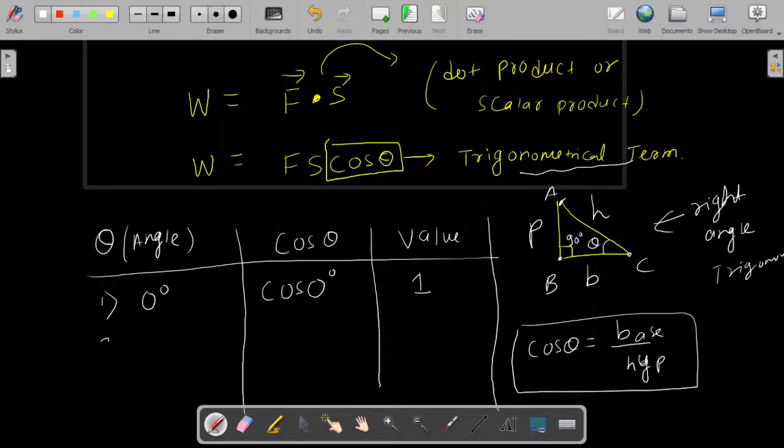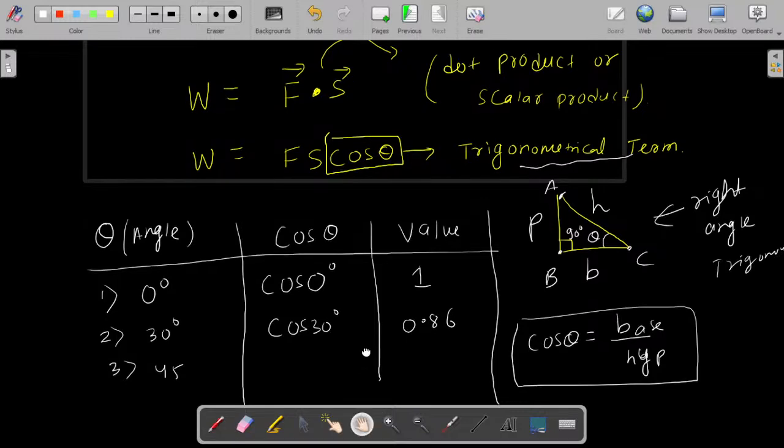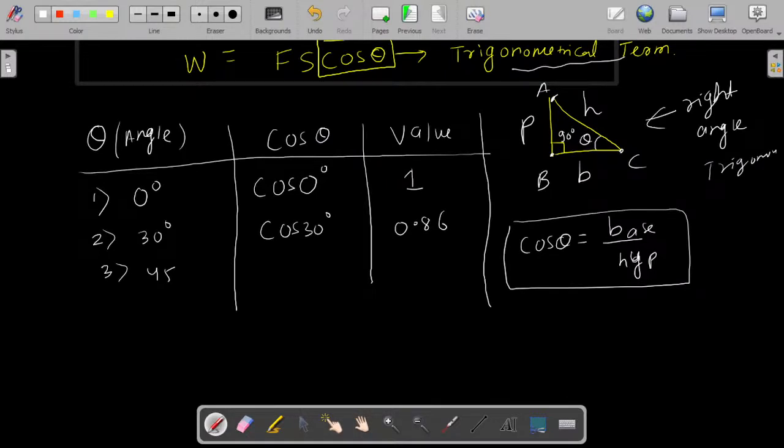Second, write down 30 degree. All these values you have to learn. Cos 30 degree is 0.86. Next, cos 45 degree is 0.70. No need to remember 31 degree, 32 degree or 15 degree, only these are important. Next, cos 60 degree is 0.5.